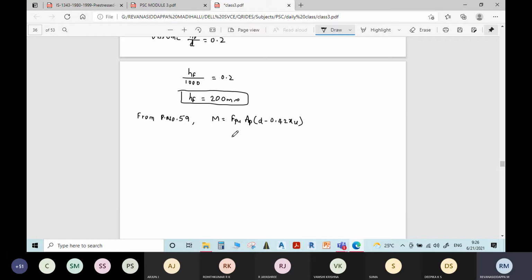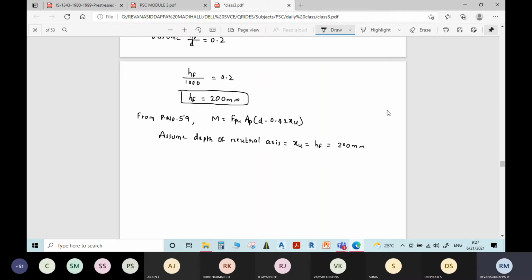What is the assumption we have made here? We have assumed that the depth of neutral axis lies within the flange. Then this is the formula. Assume depth of neutral axis XU is equal to HF, which is 200 mm.